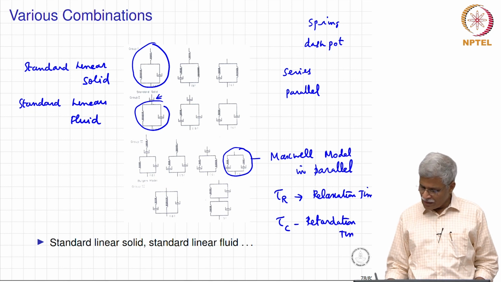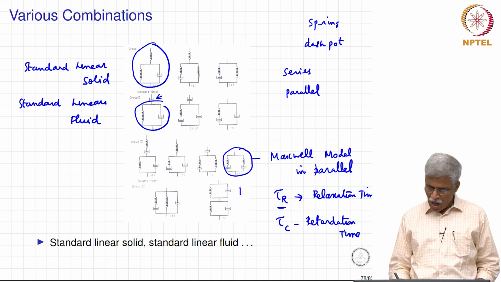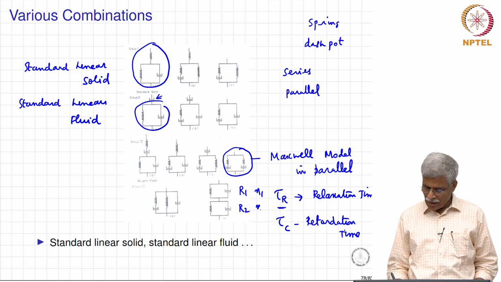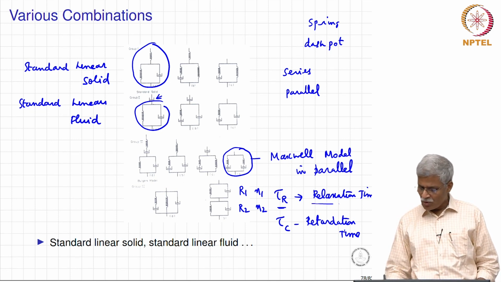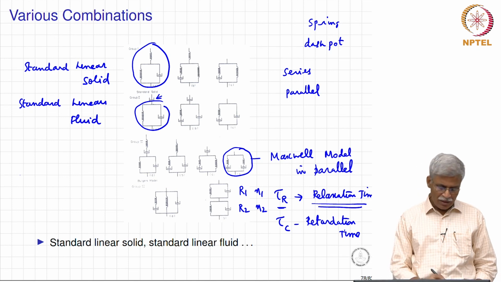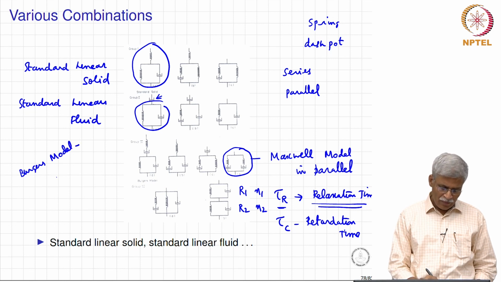So, considering the response of the Burger's fluid model, wherein you have R1, R2, eta 1, eta 2, you can actually have two relaxation times for this particular model. Okay. So, Burger's model, you can have two relaxation times.